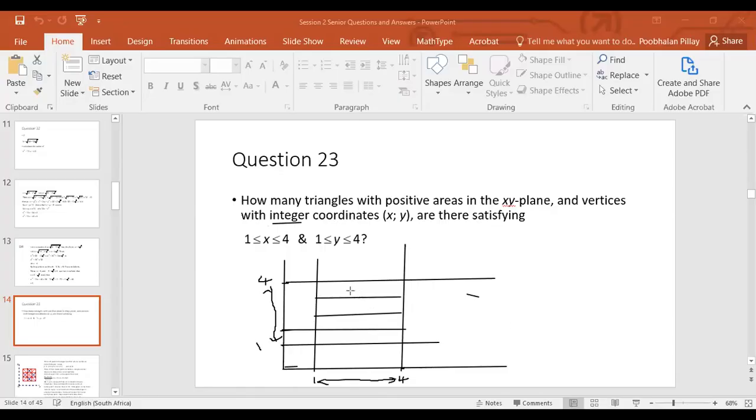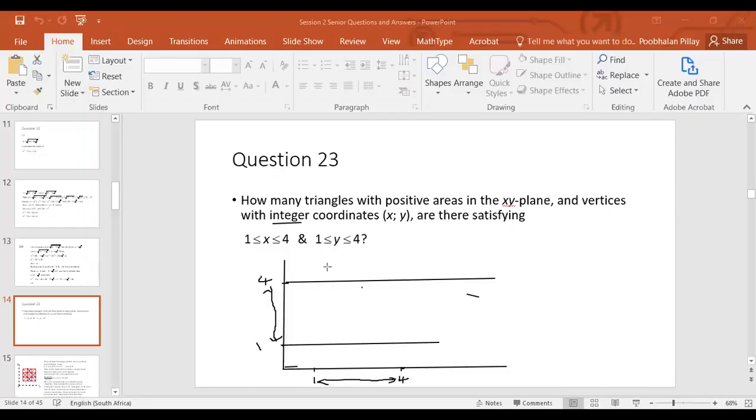Oh no, you don't have so many. It's 1, 2, 3, 4. Sorry, let me just, I drew the wrong diagram.